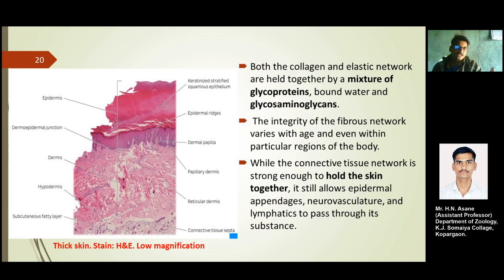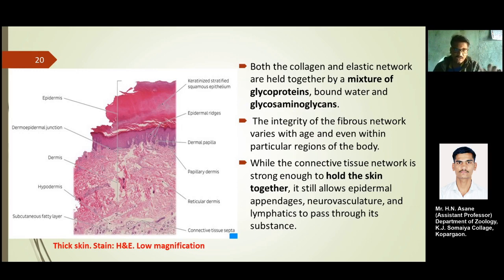As you can see, the dermis has two layers: first the dermal papilla, and second the thick dermis region, or the reticular dermis. The third main part is the hypodermis.